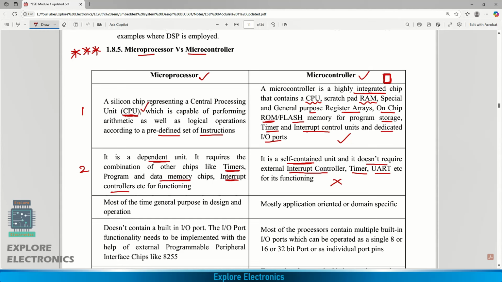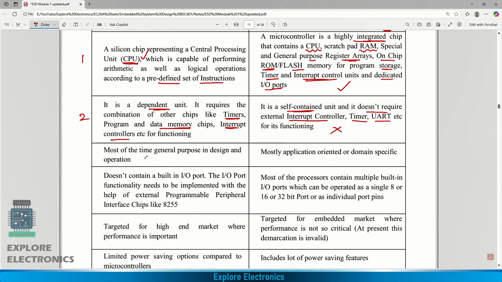Here only the CPU comes, but here, with the CPU, memory, interrupt control, and dedicated I/O ports come. That is the major difference we need to understand. Then, a microprocessor can be a general purpose design, but a microcontroller is used mostly for application-oriented, specific domains, for a specific application.